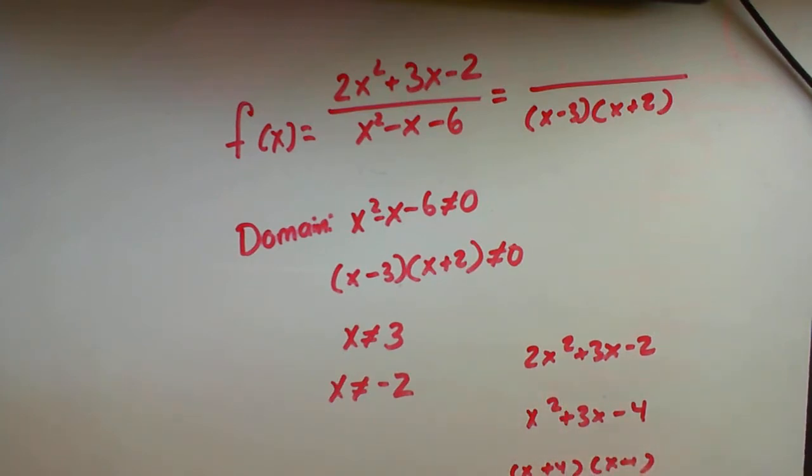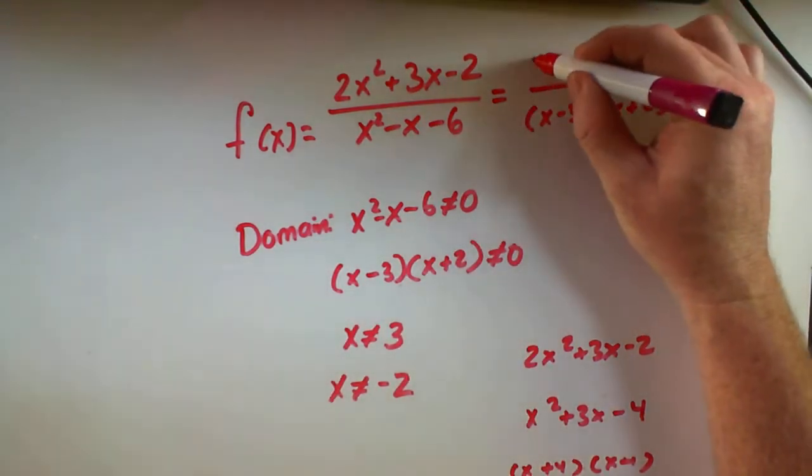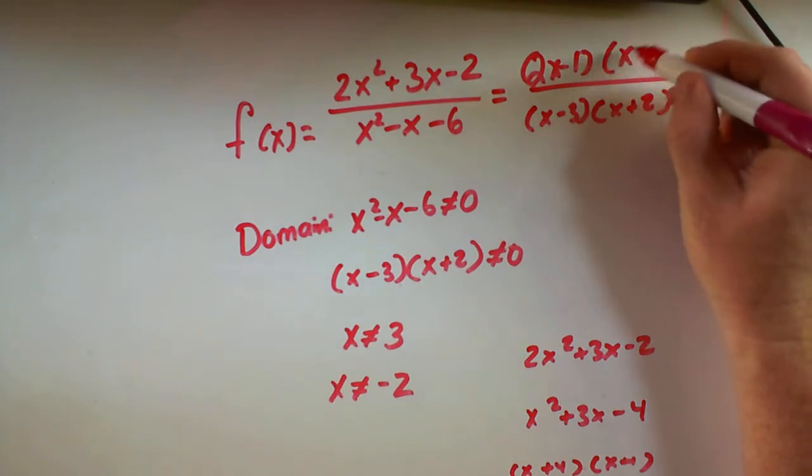X plus 4 over 2 times x minus 1 over 2. X plus 2 times 2x minus 1. I dropped a negative, so that should have been a negative. Minus 1. All right, so my numerator is 2x minus 1 times x plus 2.